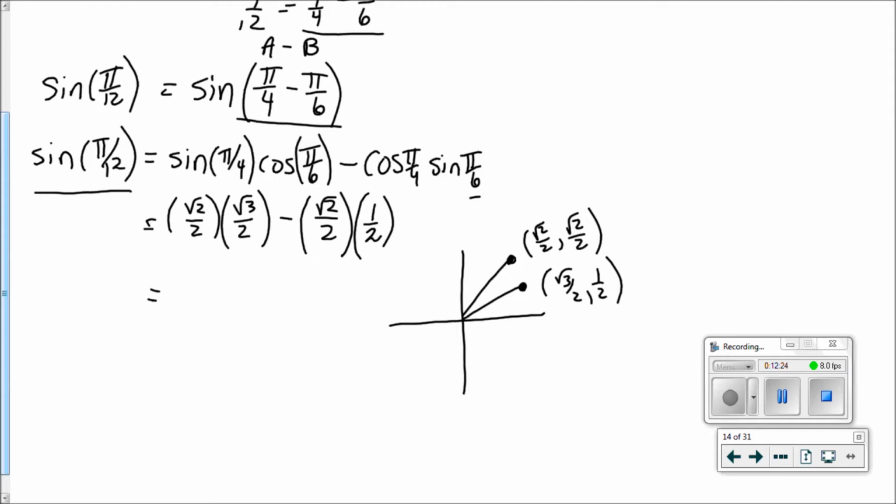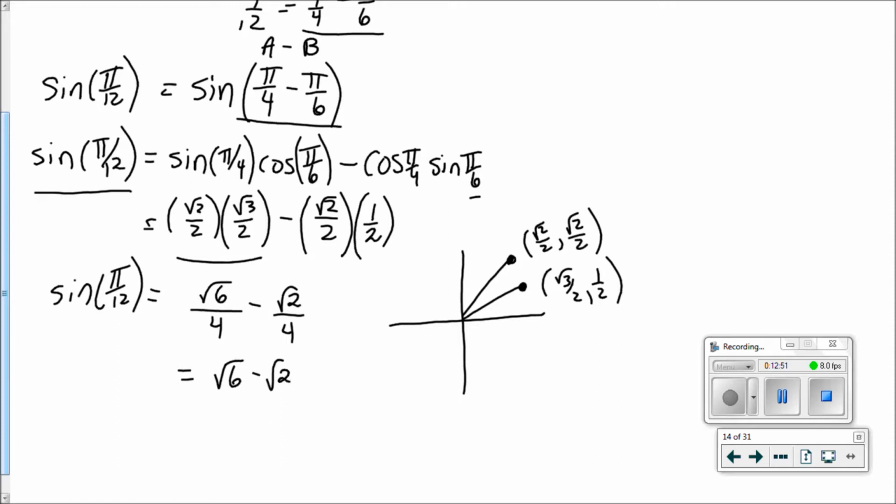So in my next step, I've got the sine of pi over 12 is here root 6. Remember, I multiply the 2 and the 3 because they're both under the radical, and 2 times 2 is 4, that's my denominator, minus root 2 over 4, and I'm just going to write that together as root 6 take away root 2 over 4. And that is the exact value of sine pi over 12.